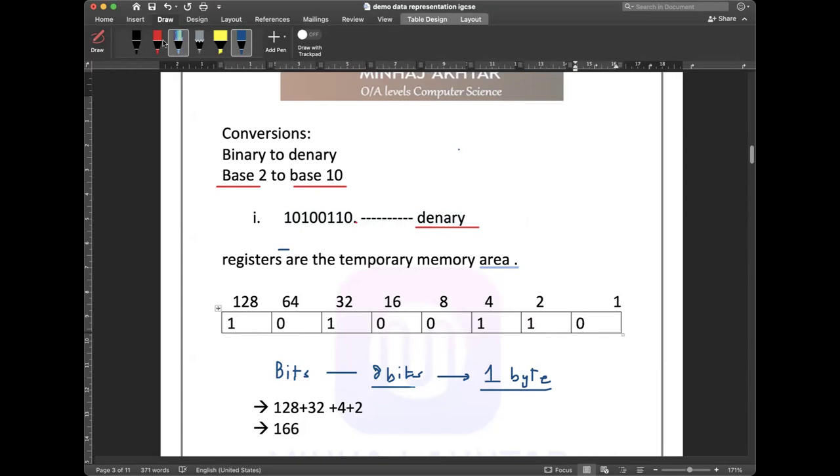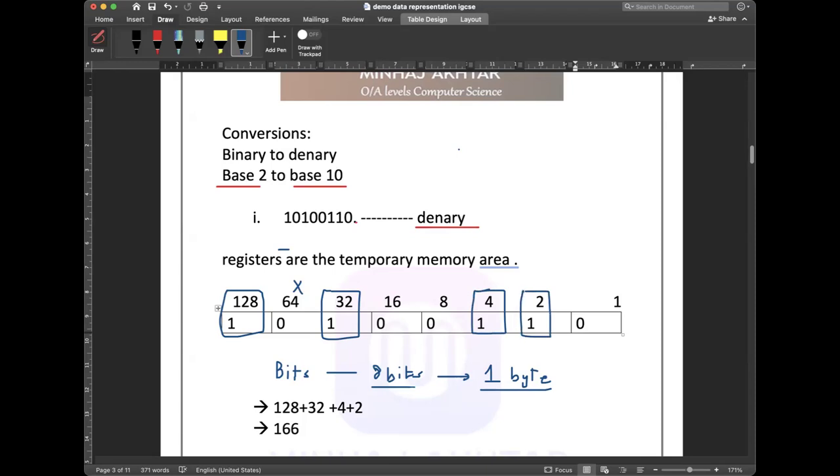After this, we are going to pick only those numbers which have 1. Like we are going to pick 128. We are not going to pick 64 because it is 0. We are only going to pick 32. Again, no 16, no 8. We are only going to pick 4 and 2, because they have 1.